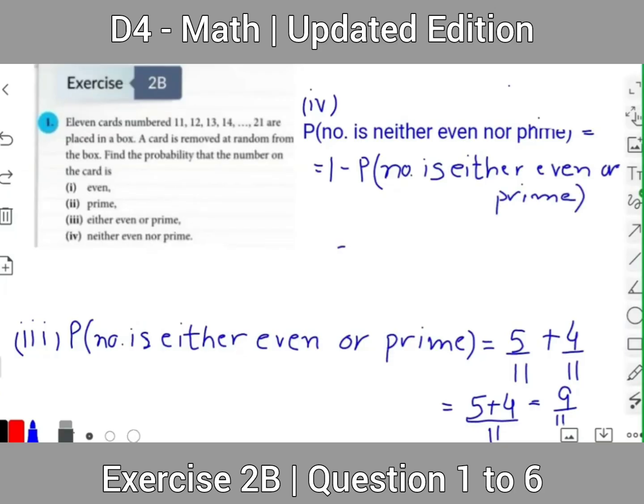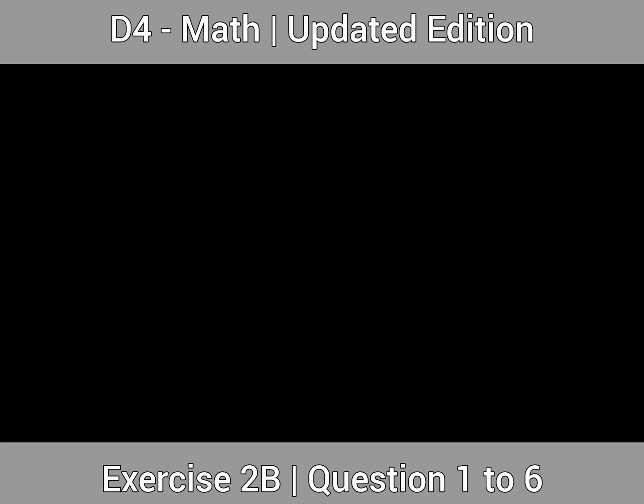So we will take away the 9 over 11 from 1, and here we have 11 minus 9 over 11, and it will give us 2 over 11. So the probability that the number is neither even nor prime will be equal to 2 over 11.